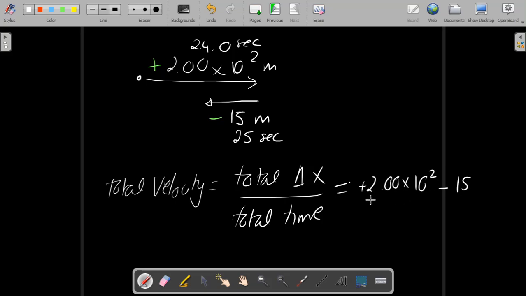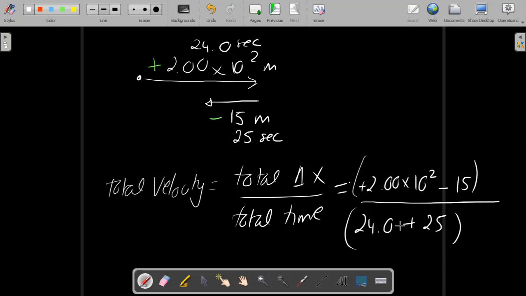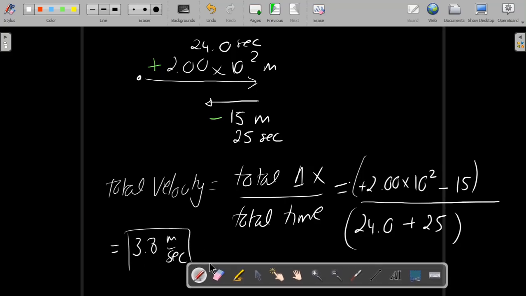All these are meters. I don't have a lot of space in this screen, but you know those are meters. And you should probably be writing the meters. And then the total time, the time is 24 going one way, plus the 25 going the other way. That's the total time. Keep things in parentheses in your calculator to help you along. And if you do that, your answer is 3.8 meters per second. Well, what does that mean? That's a positive number.